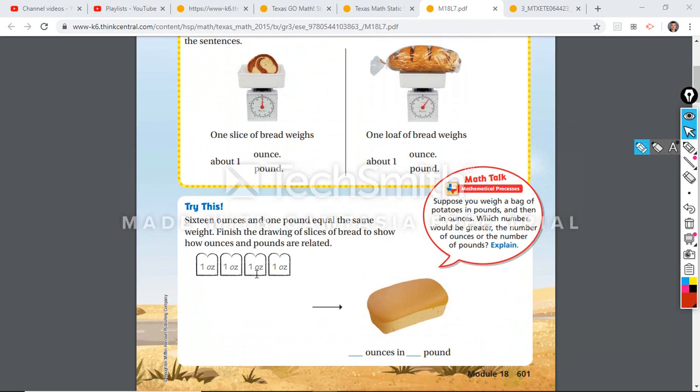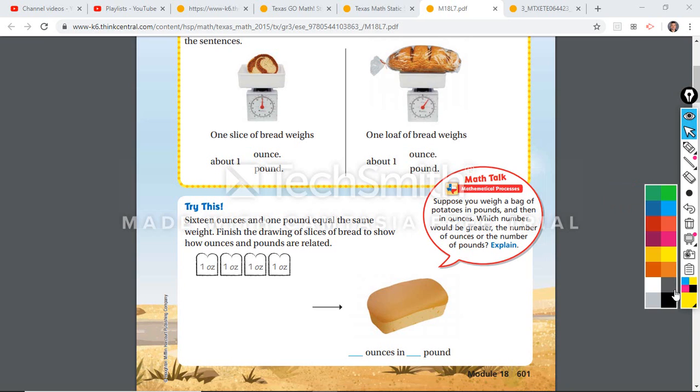So we take a look at this activity here. It says 16 ounces and 1 pound equal the same weight. Finish the drawing of slices of bread to show how ounces and pounds are related. I'm not going to be drawing the bread for you, but I will help you with this.